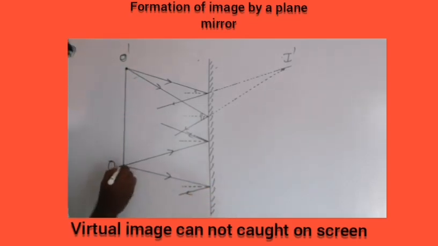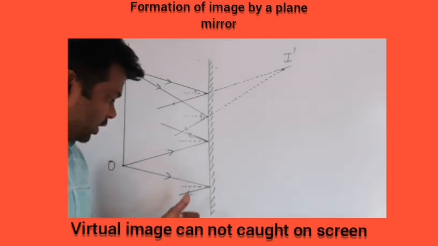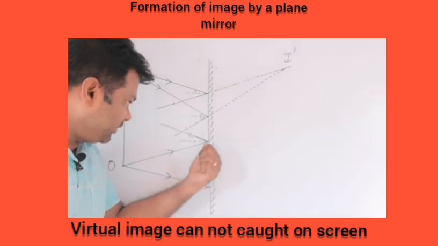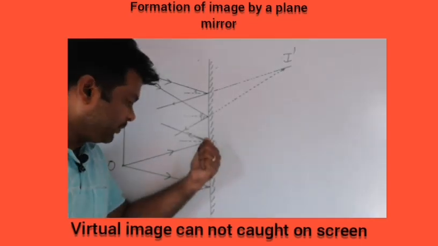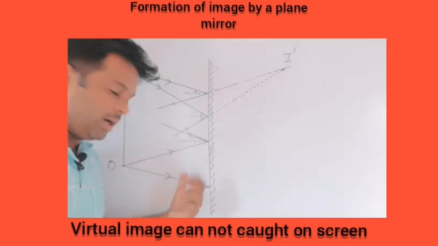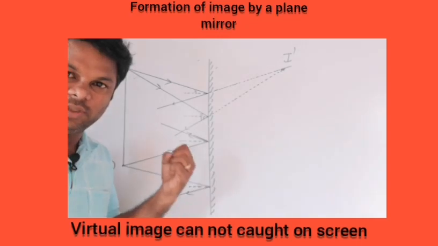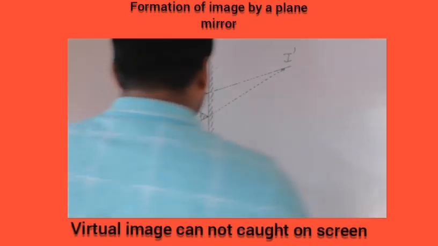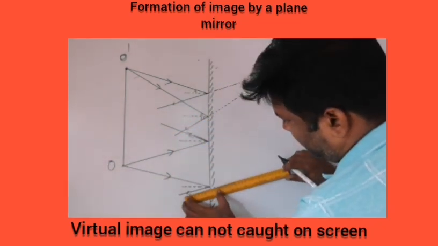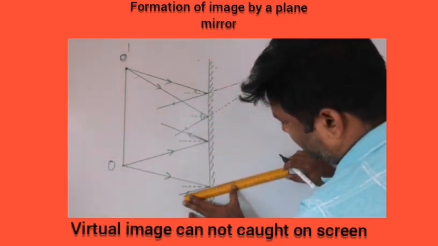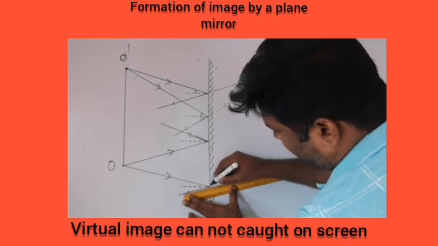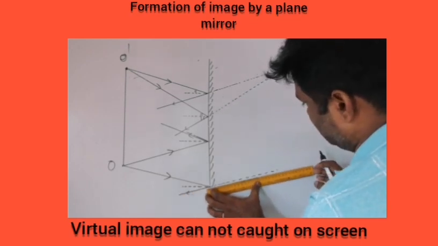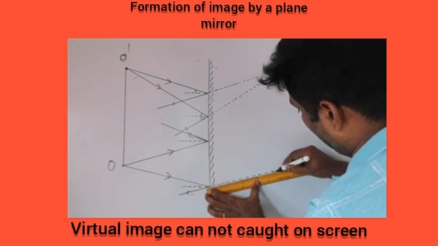Watch, from here, from the bottom of the object, I have drawn two more incident rays, and after inciding at different points, they both are bounced back. And what I will do, I will extend these reflected rays in reverse. Look how I am extending.